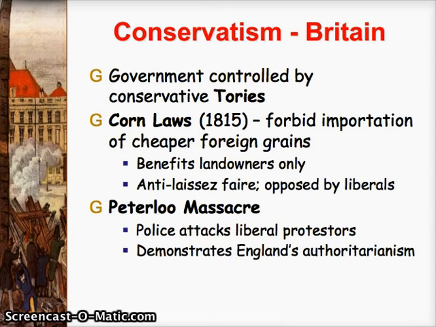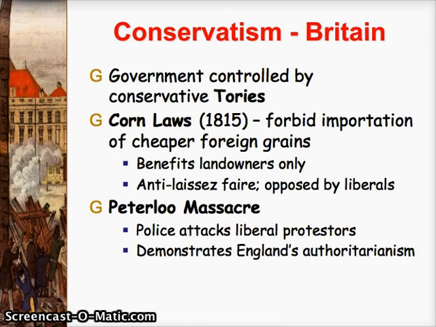There are 11 people killed by the police during the Peterloo Massacre, but then 400 people are wounded, and 100 of them are women. So this really upsets the people, that women are actually being attacked by the police.